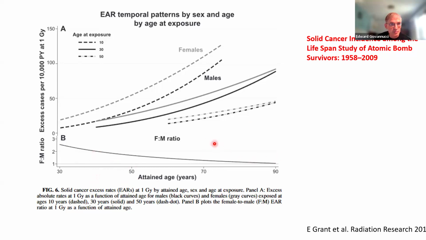And you could see that. So this slide's a little complicated, but the y-axis shows excess cases per 100,000 person years for people that got this estimated exposure to radiation. If you look at people that were age 10, this is for women and for men. So they were age 10 when they got the one-time single exposure. And you can see even at age 70, there's an excess of rates.